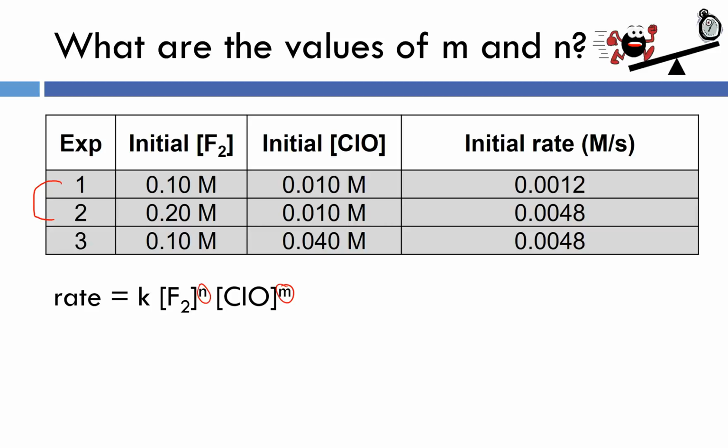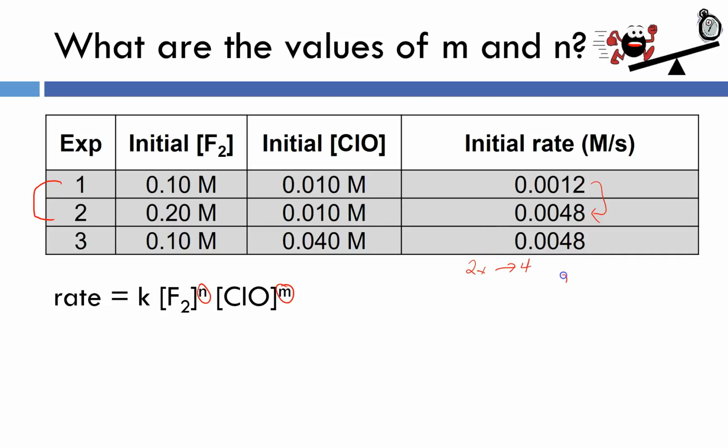So let's take a look at the rate. The rate went from 0.0012 molar per second up to 0.0048 molar per second. So it looks like I doubled the concentration and the rate went up by a factor of 4. So it went from 2 times to 4. So 2 to the what would give me 4?